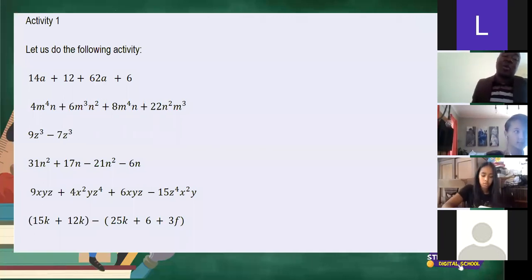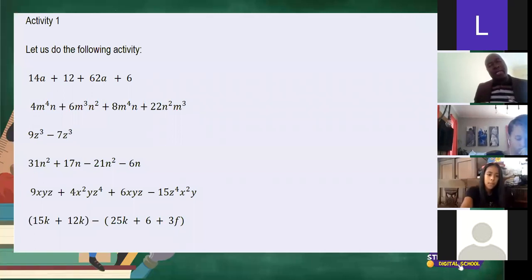So you'll have 31n squared minus 21n squared plus 17n minus 6n. And of course, the last category will be 17n minus 6n.